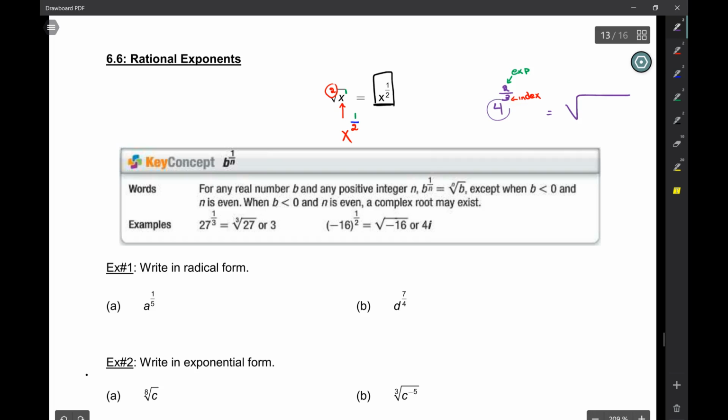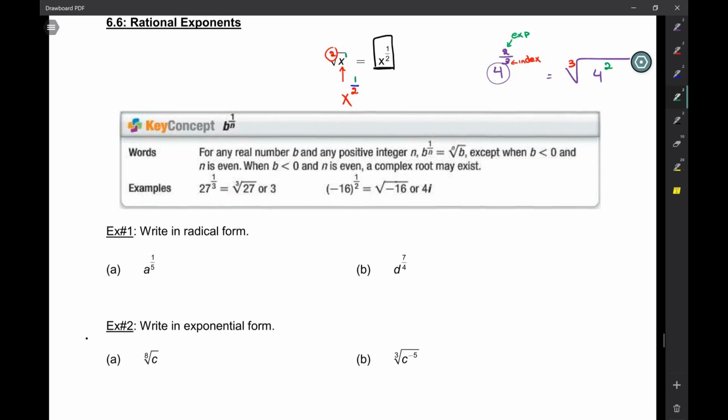The main number, the base, goes inside the root. The denominator is always the index. It goes in that little pocket. The exponent is the numerator. It becomes an exponent of the 2.